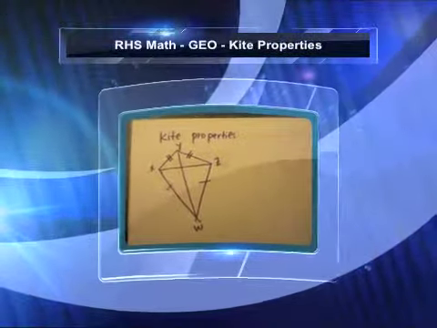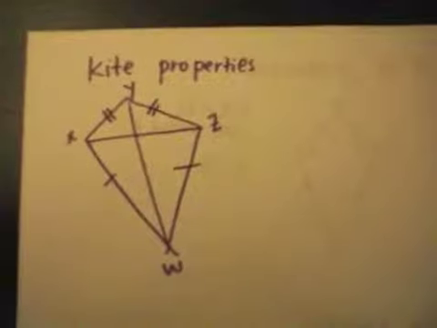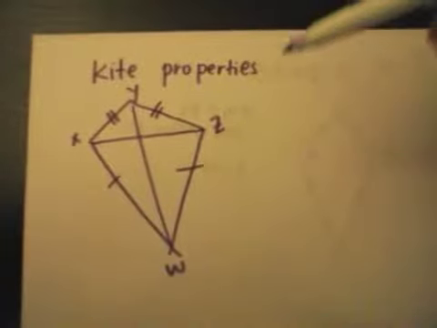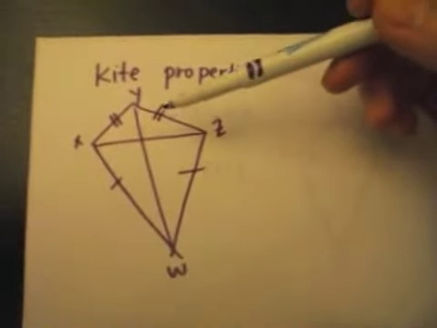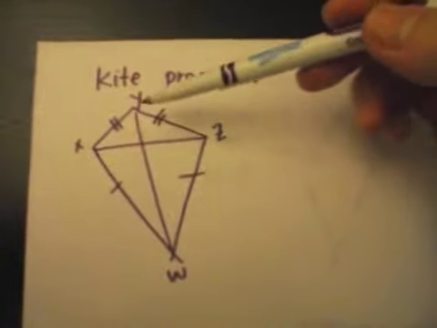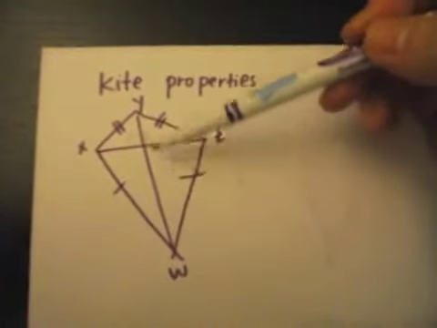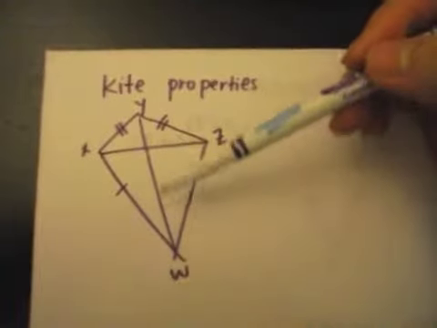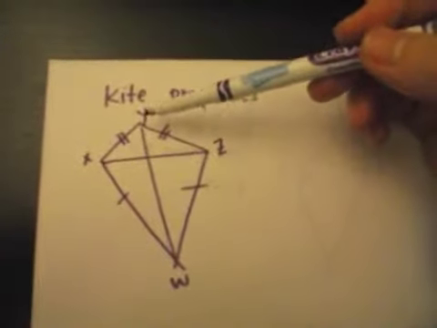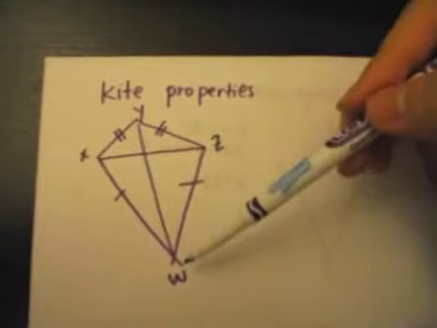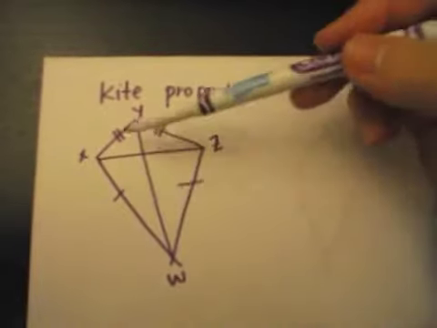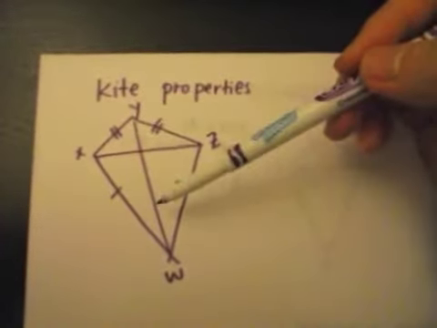Alright, the other two properties of the kite have to do with the diagonals. Number one, if you draw the diagonal that connects the vertex angles, notice that angle Y and angle W are your vertex angles because they're in between two congruent sides.